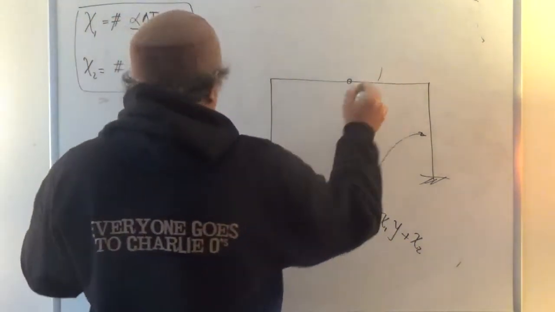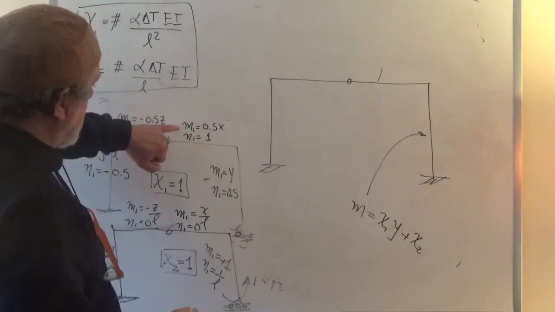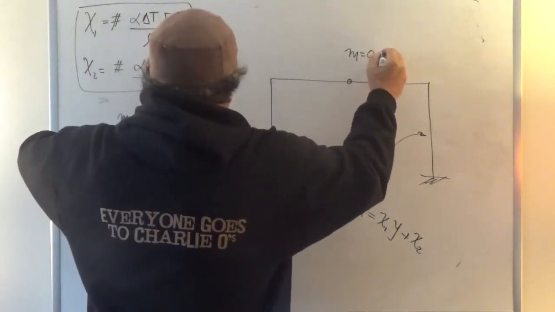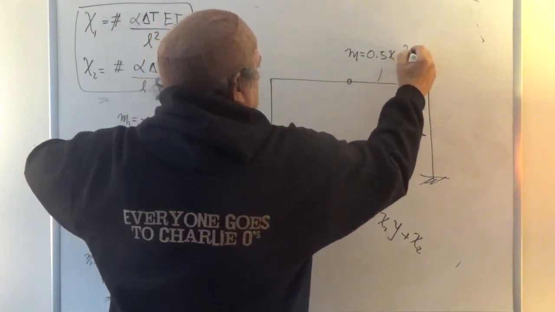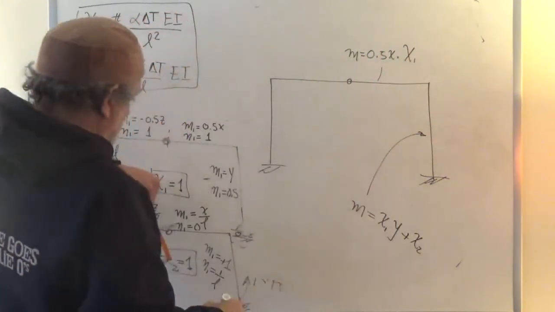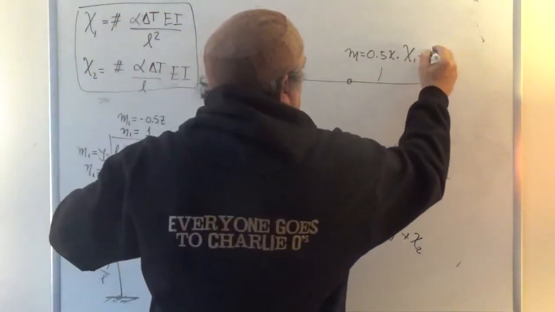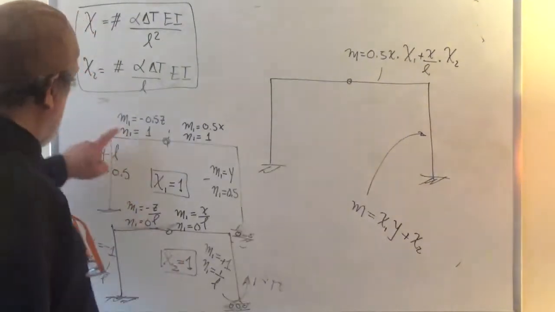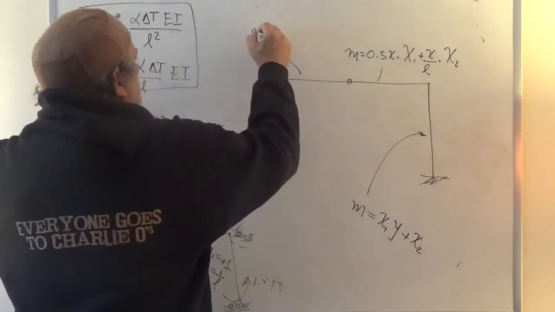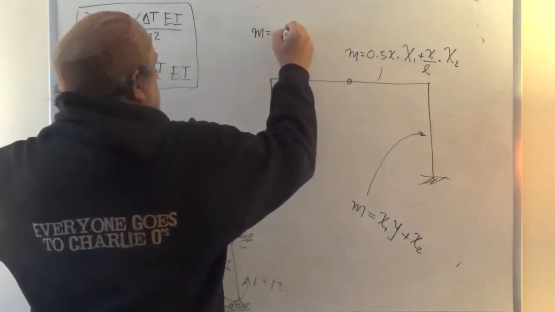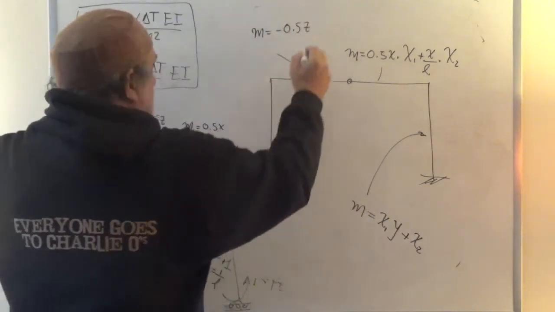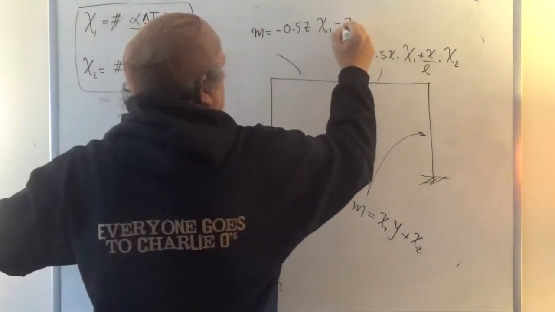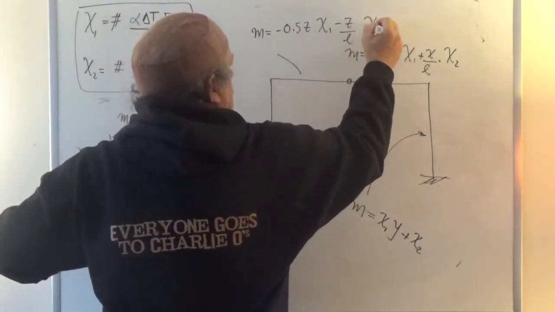On this bar, what is it? Well, it's the moment on this bar is 0.5 x times x1 plus x over L times x2. On this bar, the moment is minus 0.5 z times x1 minus z over L times x2.